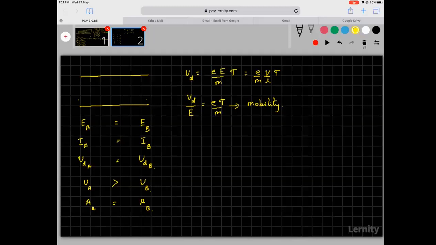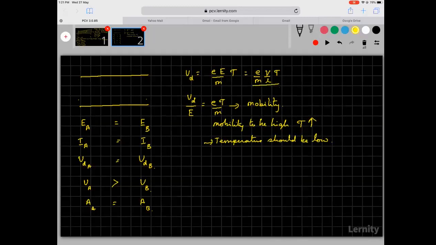So for mobility to be high, tau should be high, which means temperature should be low.